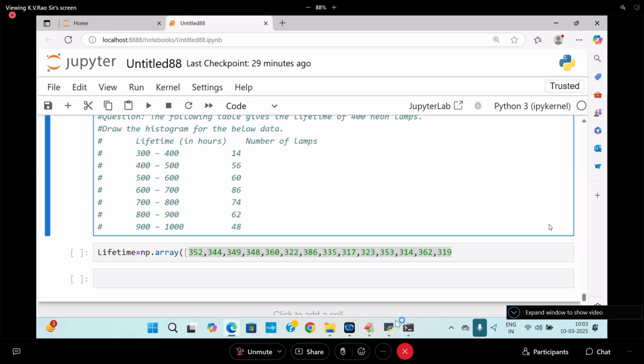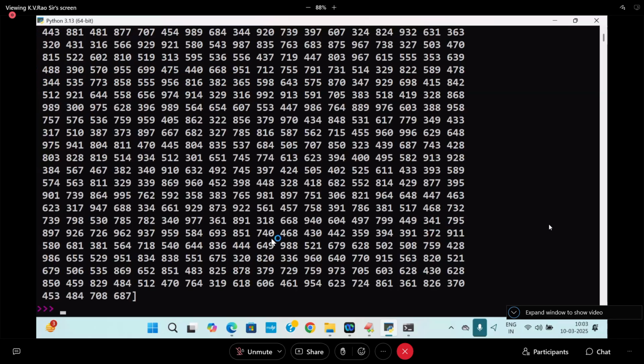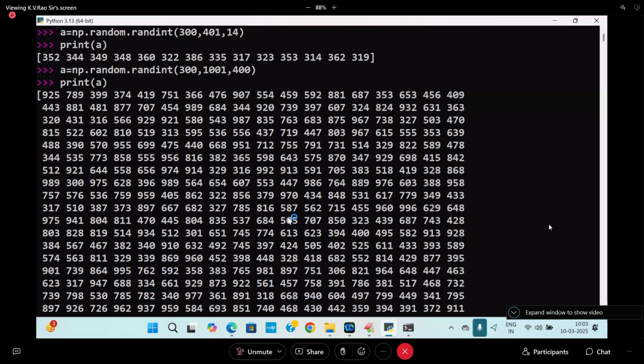Otherwise I would simply go like this: 300 to 1001, with 400 values, and print A. These many values are coming.